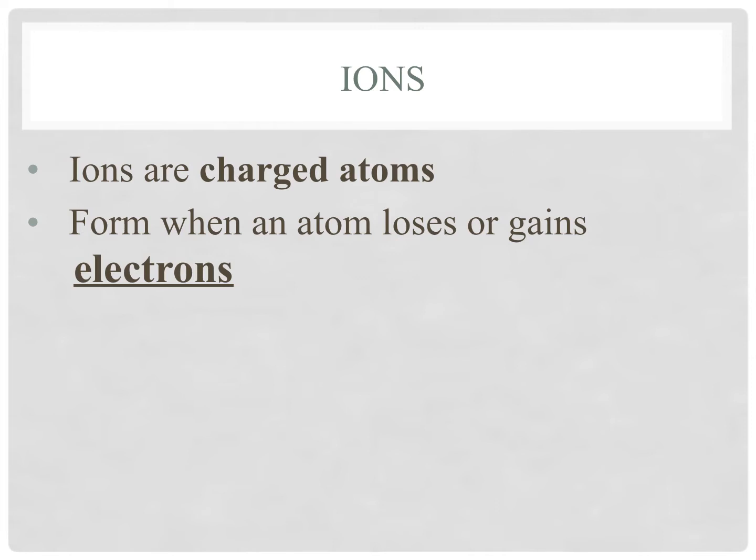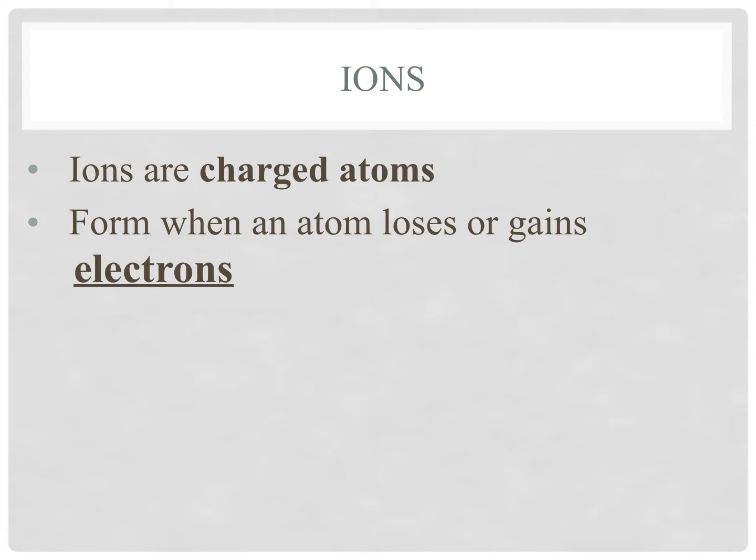At the very end of that investigation on Friday, there were a couple of questions that basically asked why. Why do atoms either lose or gain electrons to become ions? Do you remember that question at the end?